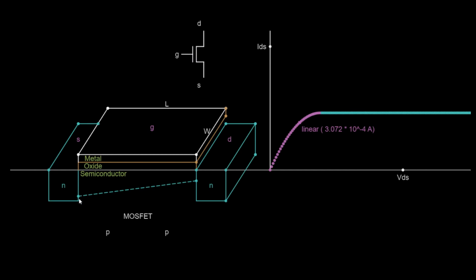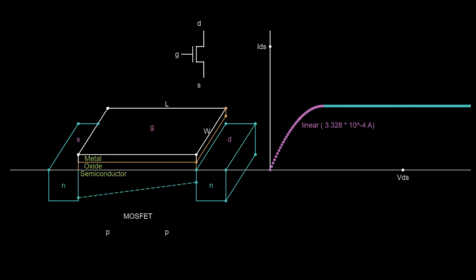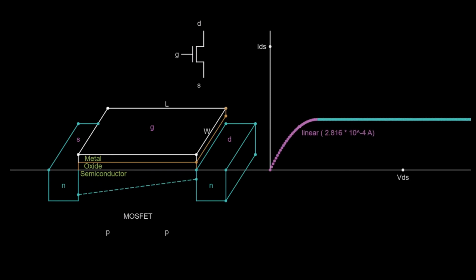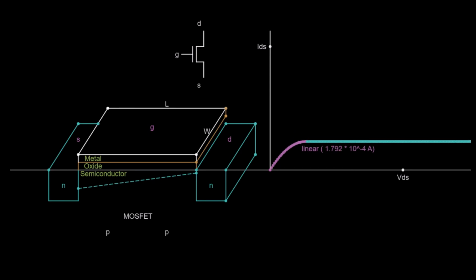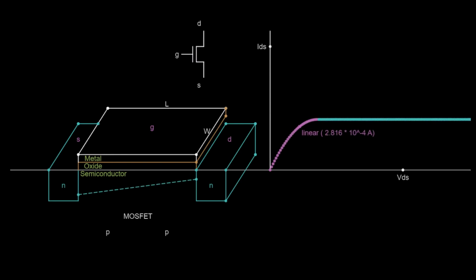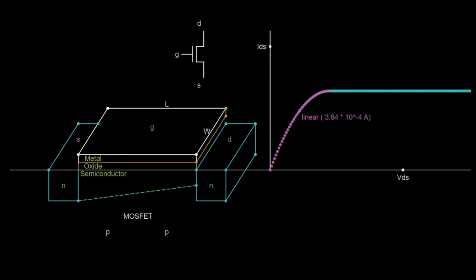So if we were to change the values here for our gate voltage, you can see that we're going to increase or decrease the channel thickness here, and we're going to change the nature of the characteristic here, which is the output current against the output voltage.